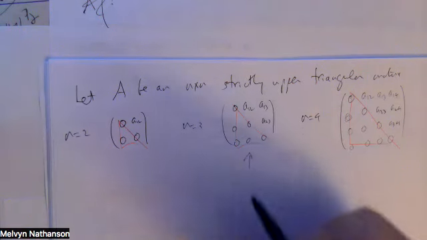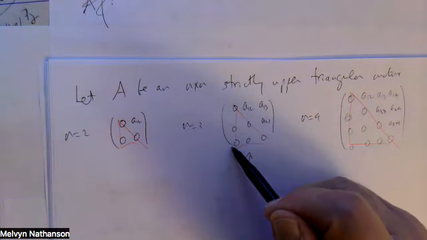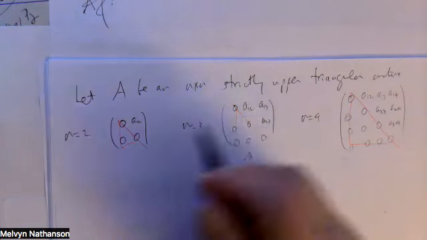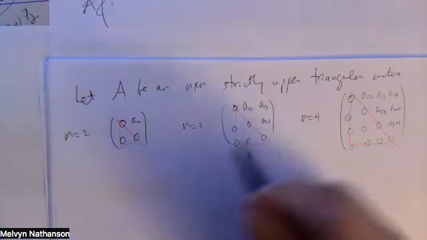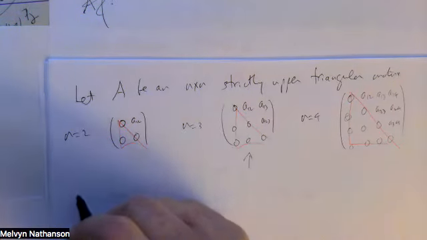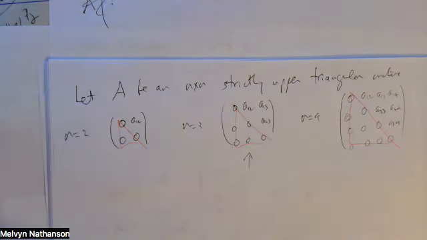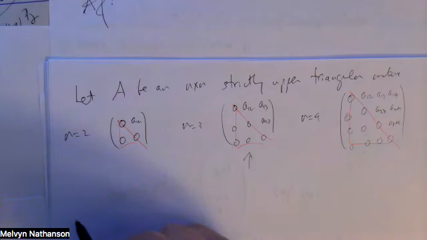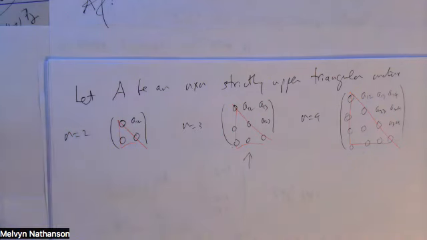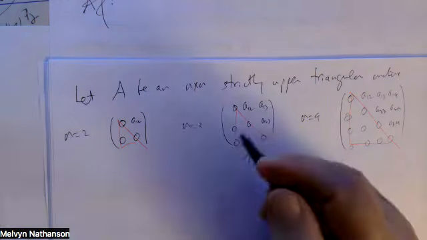Let's look at this matrix, for example. Call this matrix A. So every 3 by 3 matrix represents a linear transformation from the three-dimensional vector space to itself with respect to some fixed bases for those vector spaces.